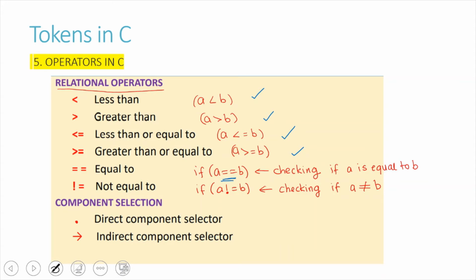The difference is that A = B means B's value is copied to A, whereas A == B means the value of A is cross-checked with that of B. So here it is actually checking the relation, but there the value is being copied. That is the difference between writing one equal to and two equal to.